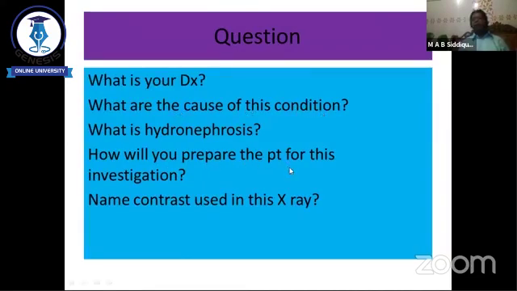And how will you prepare the patient for this investigation? Actually, how will you prepare the patient for IVU? IVU needs some preparation. Usually we give the patient 3 days of preparation, and during this time we use a laxative at night. We use a low-gas-producing, low-fiber diet for good visualization of the X-ray.